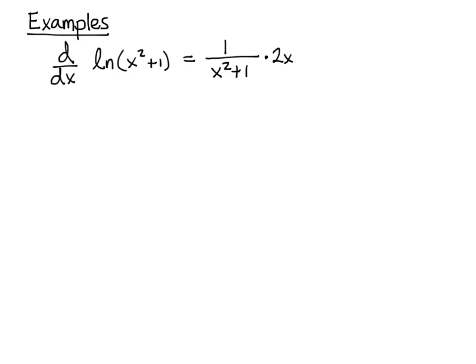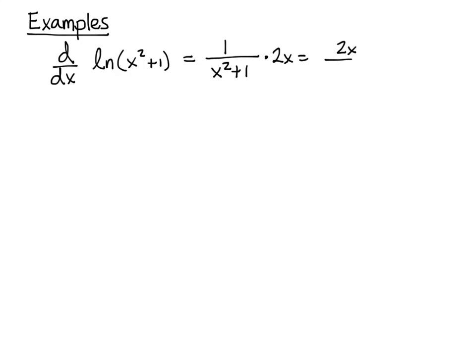All right, so let's go through some examples. Let's say we have the derivative of the log of x squared plus 1. What's that derivative? Well, the derivative of the log of a function is 1 over that function. And then by chain rule, we have the derivative of x squared plus 1 is just 2x.